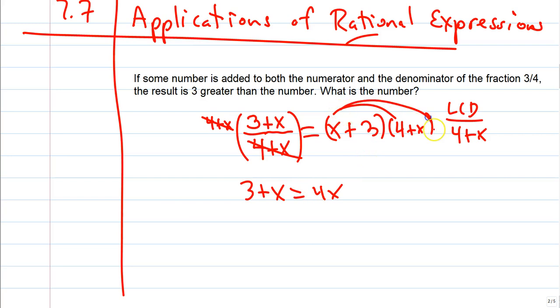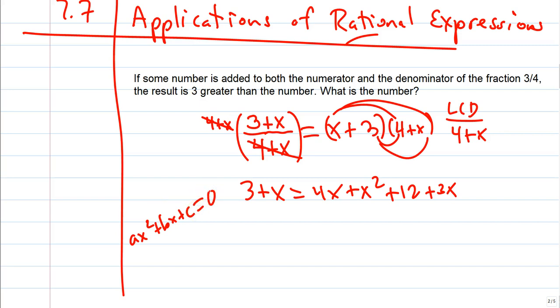On the right side, 4x, x squared, 12, and 3x. I'm recognizing right now that this, once again, is an ax squared plus bx plus c, so I want that equal to 0.